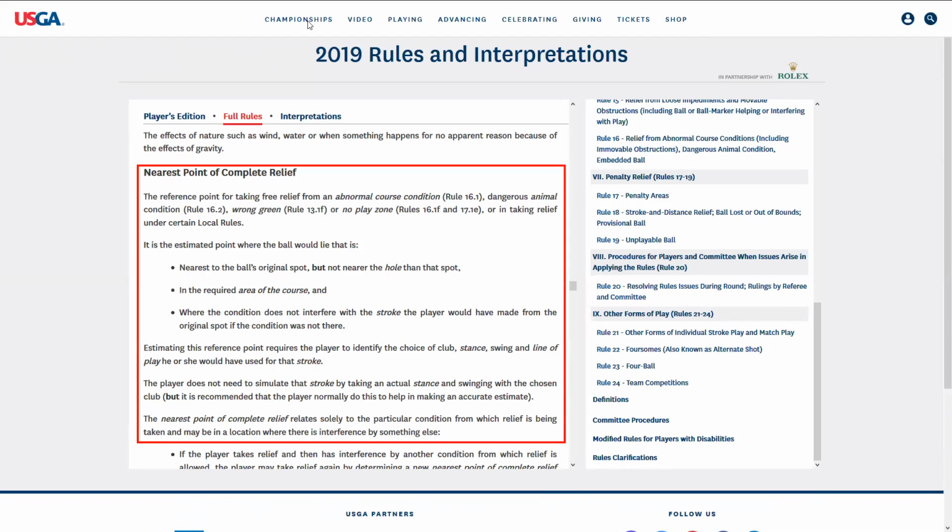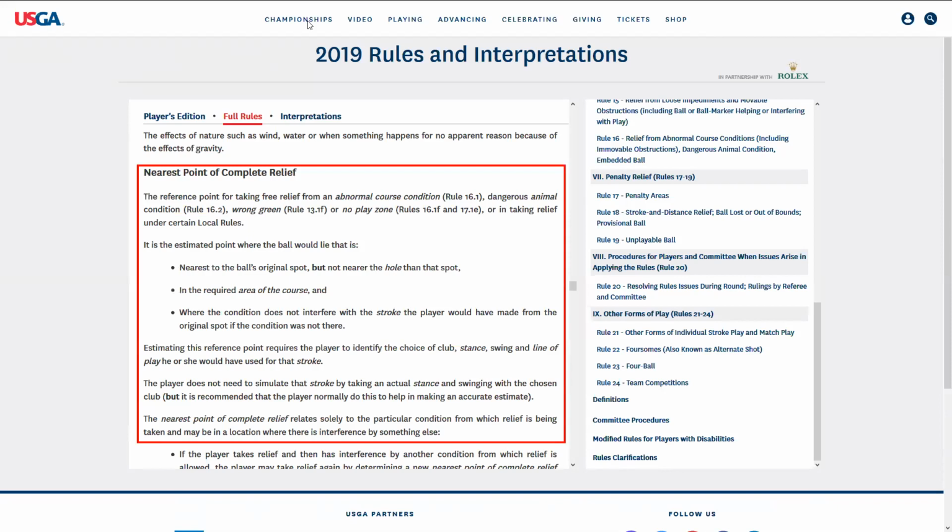What that's saying is, if you would normally use a 3-wood from there, that's going to dictate where your nearest point of relief is. If you would normally use a wedge from that spot, that's going to dictate that the nearest point of relief is probably going to be closer to your feet. But it goes on to say, the next paragraph, that you don't actually have to pull out your 3-wood. But it's a good practice to do so because you have to know where the relief area is.